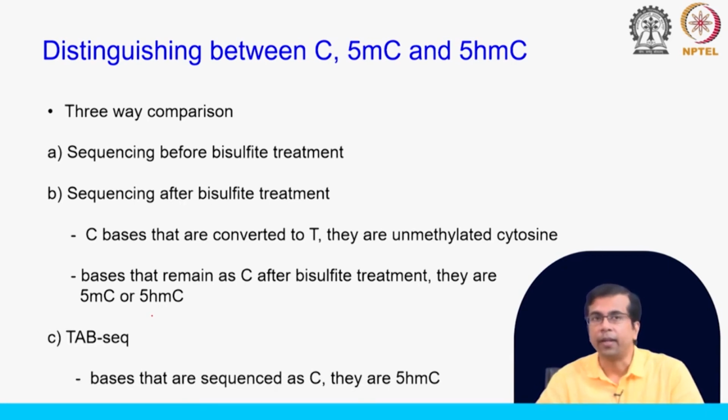Now we do the TAB-seq, and bases that are sequenced as C and which remained as C after bisulfite treatment are 5-HMC. So using these 3 sequencing methods, you can determine unmethylated C, 5-MC and 5-HMC.